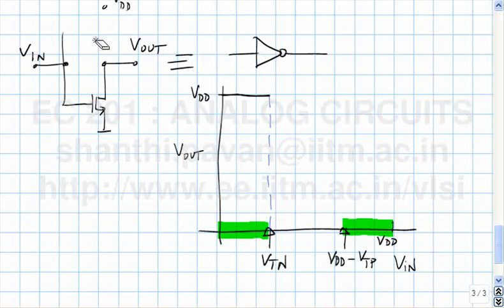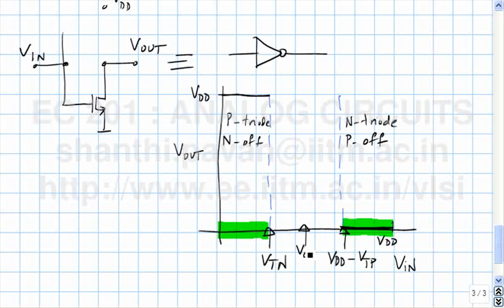Now the NMOS transistor is in triode and the PMOS is off. What will be the output voltage? 0. And somewhere in the middle, this is where we had that VG, where both of them are in saturation.